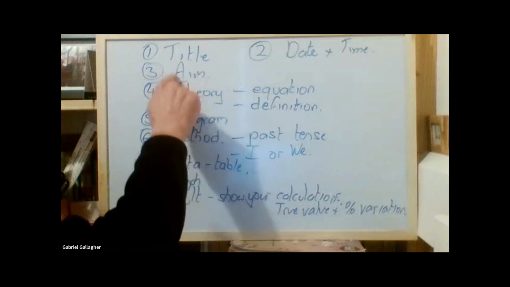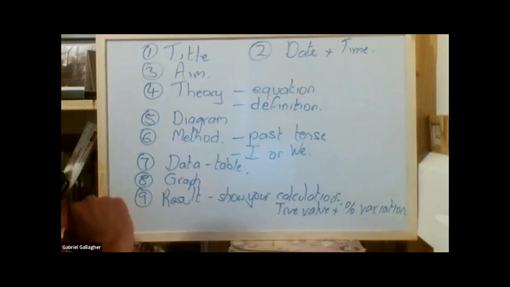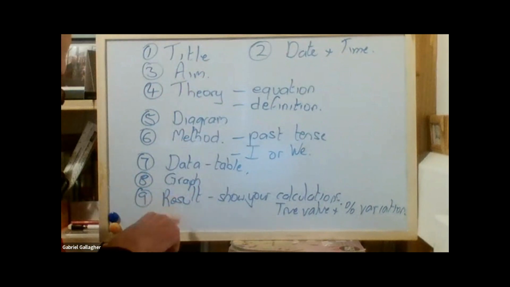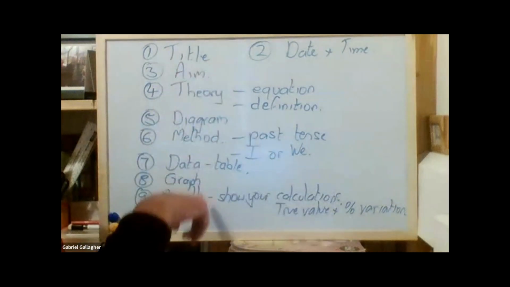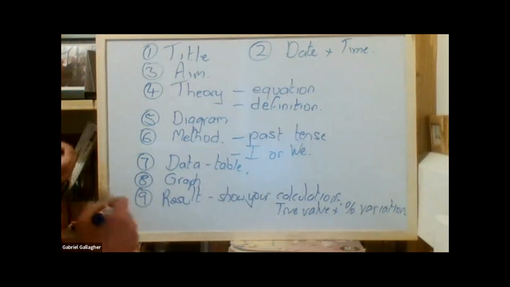We're trying to find a value for something. This is where you get your value. And okay, they are not going to be the same. It will be a huge fluke, unless you do the experiment brilliantly. I think I've come across a couple of times in 30 years when somebody's got the right result. So don't expect to be getting the right result, and don't beat yourself up if you get the wrong result.